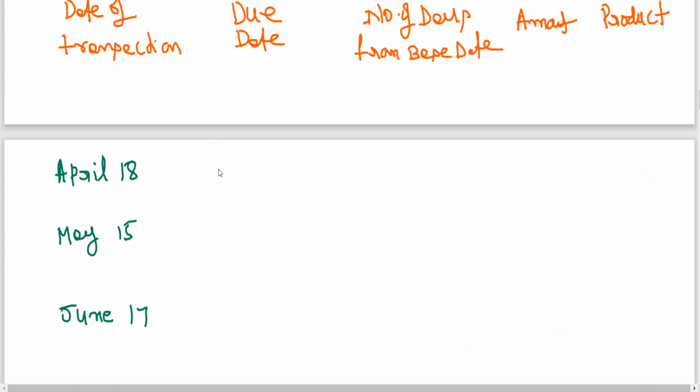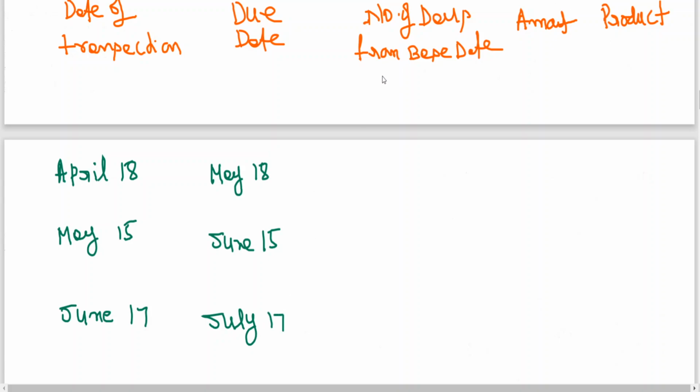Due date, 1 month duration, no? It has become May 18, June 15, July 17.